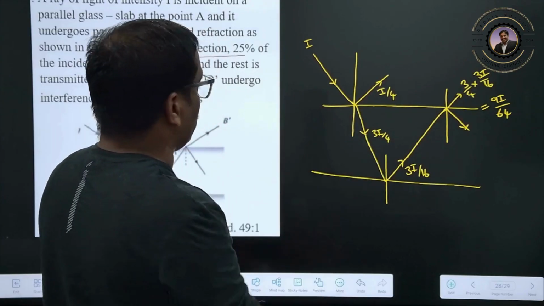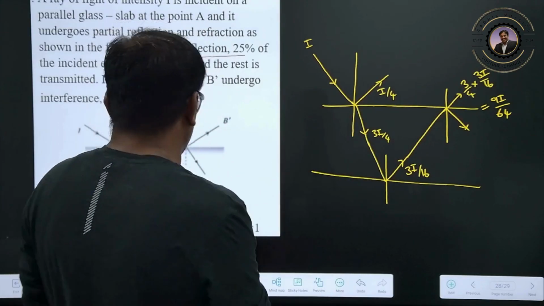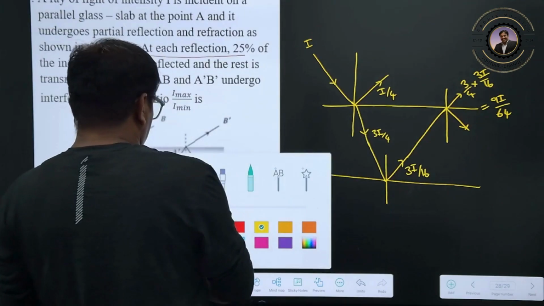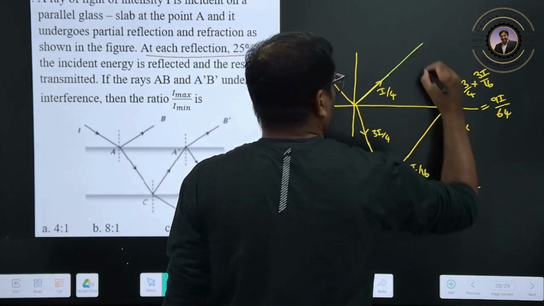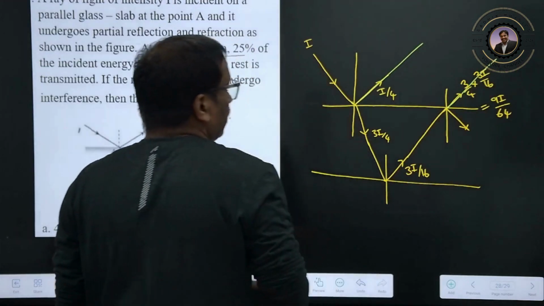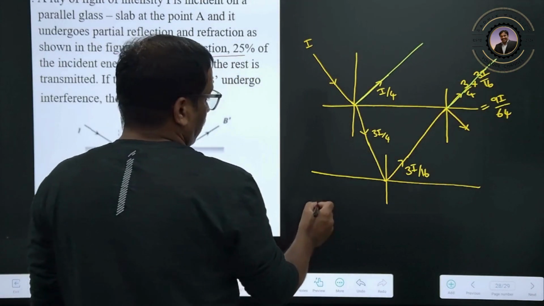Which waves are superimposing now? This wave and this wave are superimposing. So we want to calculate I max by I minimum.